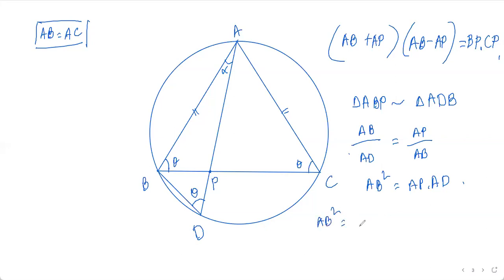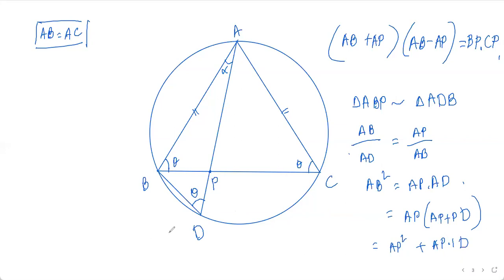So let's do one thing. Let's try to break AD into two parts, AP plus PD. And from there we get AP square plus AP times PD.